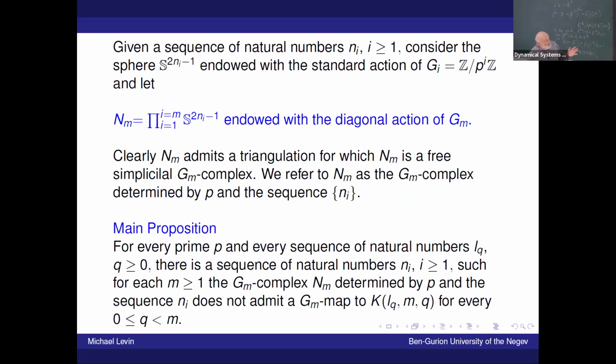Now we are going to construct spaces which don't admit equivariant maps to G spaces K_m.